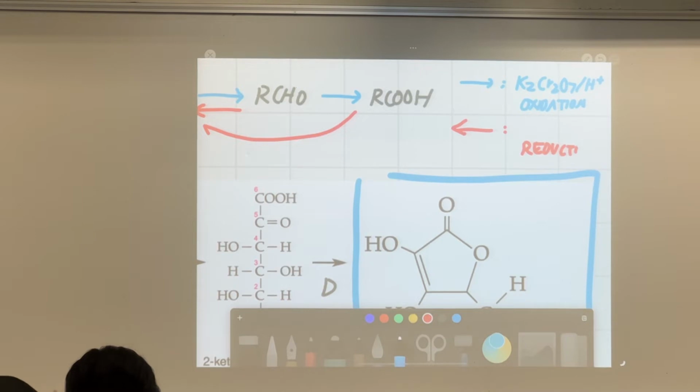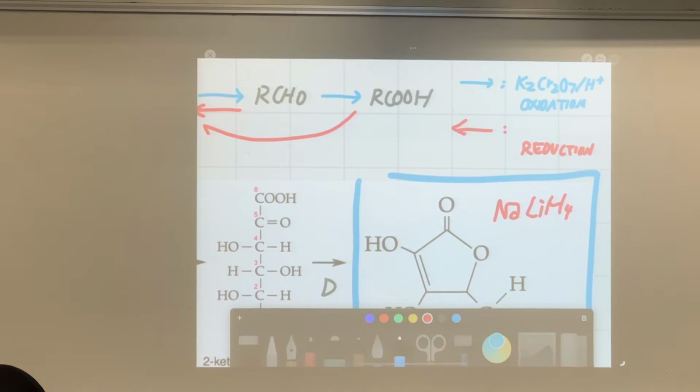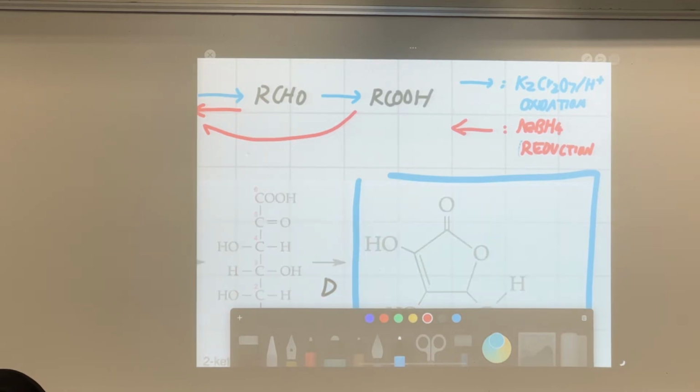For this one, I also saw a few of you mix up LiAlH4 and NaBH4 and create some kind of chimera, like NaLiAlH4 or something. No, it's either NaBH4 or LiAlH4. So which of these can be used with water? NaBH4.